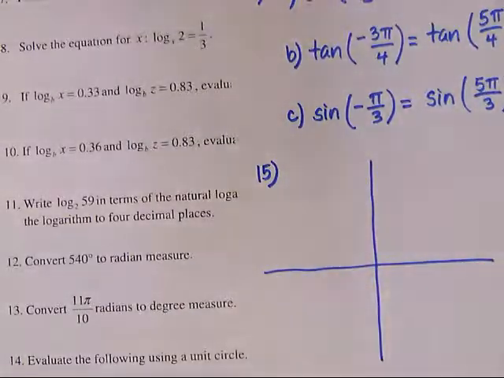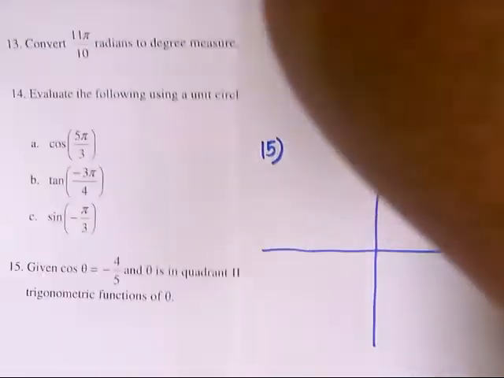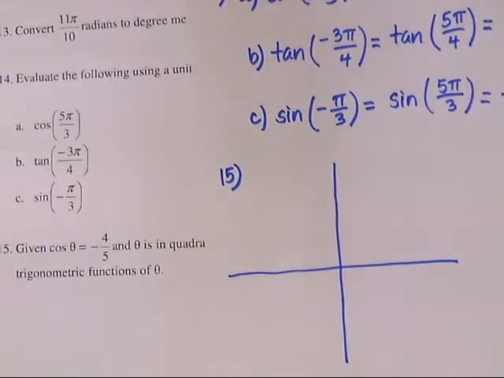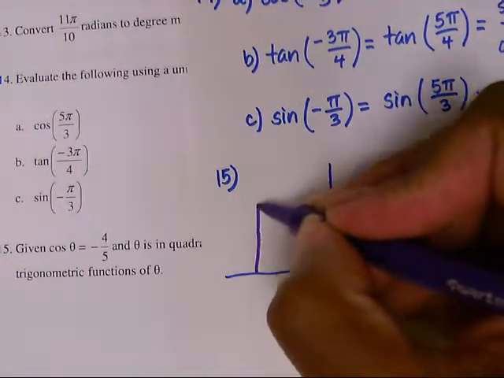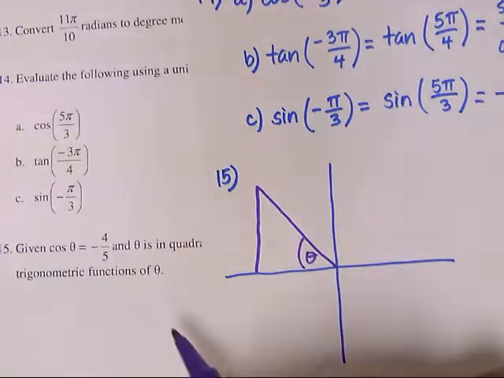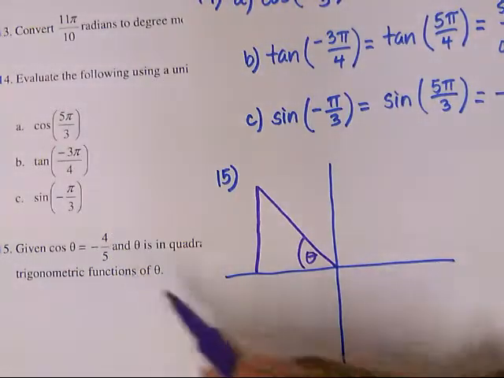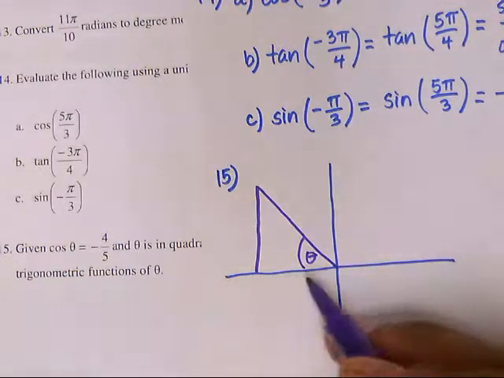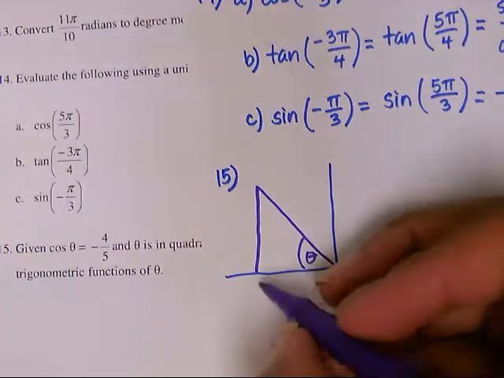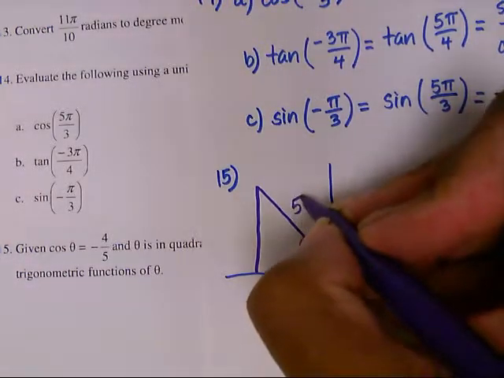It's in quadrant 2. So here, here's theta. Now, you have to know that cosine is always going to be the adjacent side over the hypotenuse here. So the adjacent side is this side right here. And if it's in the second quadrant, that 4 has to be negative. The 5 is your hypotenuse. That's never going to be negative.